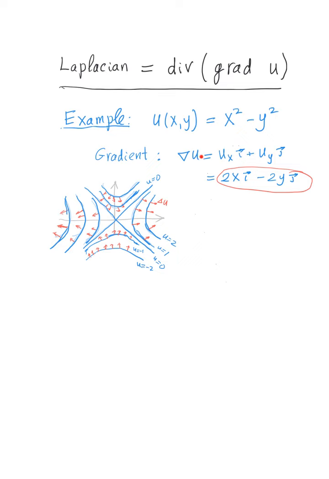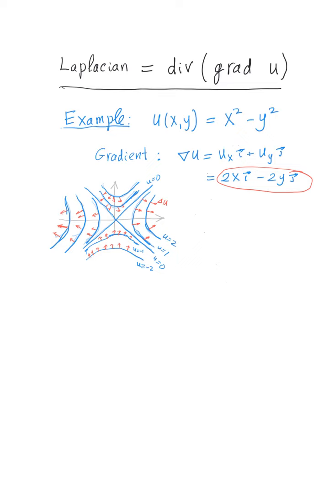Now the gradient is a vector, so at each point (x, y) there is a vector with coordinates 2x and minus 2y. We can represent it with an arrow. So the arrow is directed towards the fastest increase of the temperature at that point, in the direction of the fastest increase.